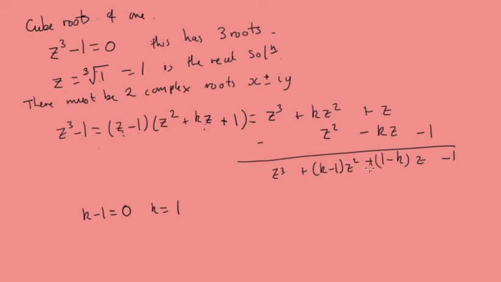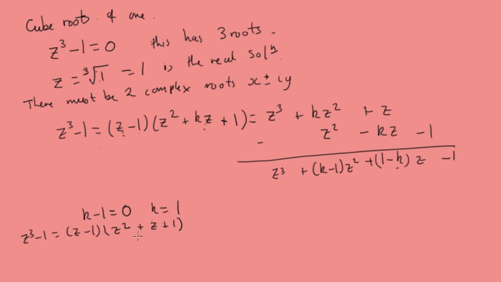And that works for both parts here. So therefore we have z cubed minus 1 equals (z minus 1)(z squared plus z plus 1).